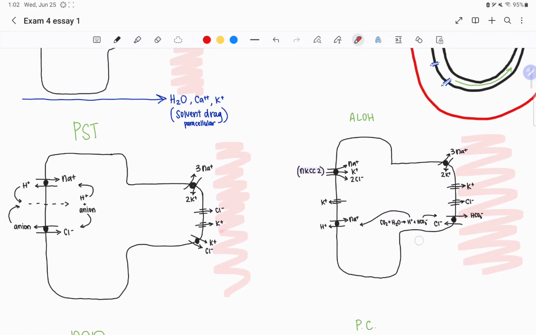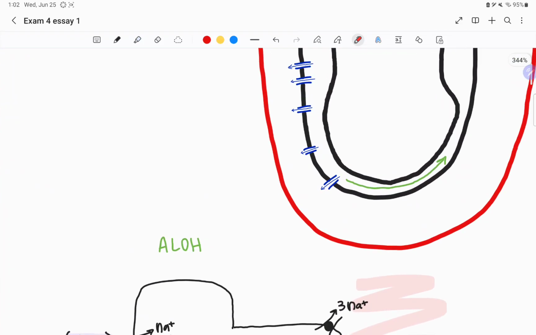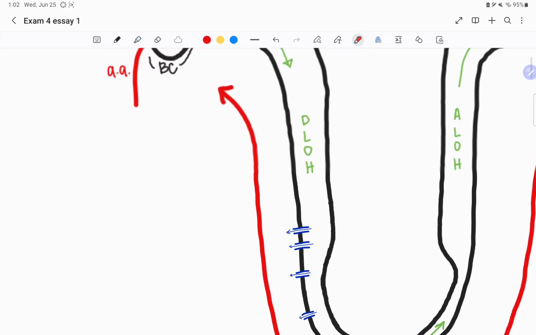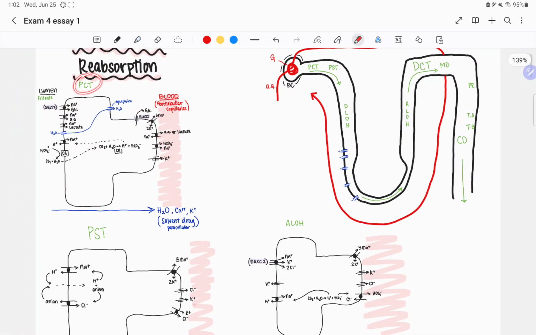Now, we reached, I didn't draw this one out. This one's really simple. In our descending loop of Henle, we only have aquaporins. We have a sodium potassium ATPase pump working as well, okay? But the only thing that's happening is water is being reabsorbed. But remember, the majority of water is reabsorbed in our proximal convoluted tubule.